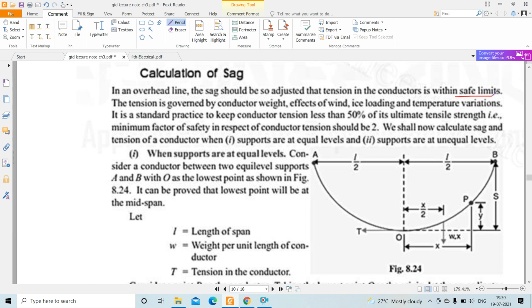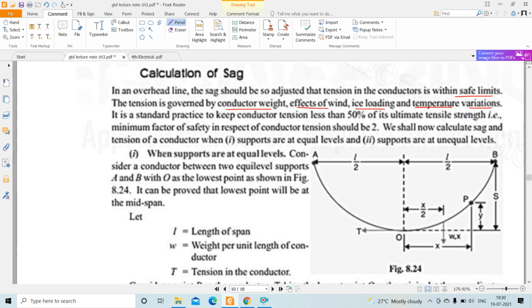The tension is governed by conductor weight, effect of wind, ice loading and temperature variation. These are all responsible for the tension.